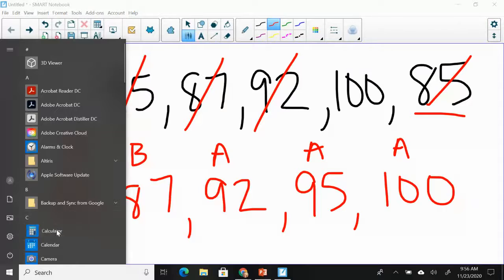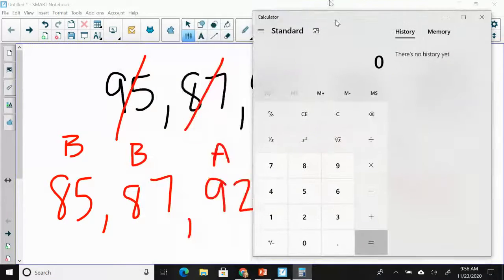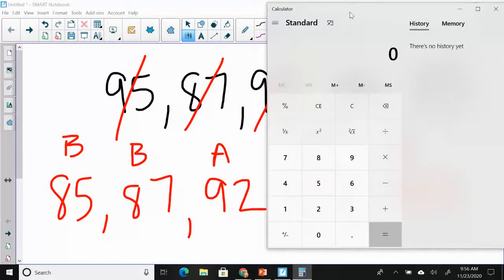We would add all of the grades up on our calculator. In this unit, you are allowed to use a calculator, and I do highly recommend that. All right, so I wrote these down. Let's see, we've got 85 plus 87 plus 92 plus 95 plus 100.